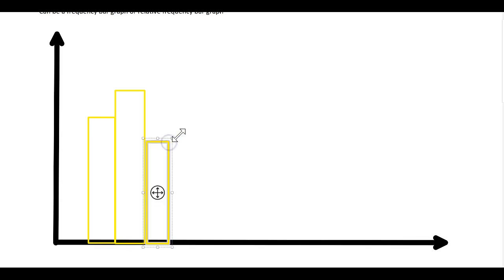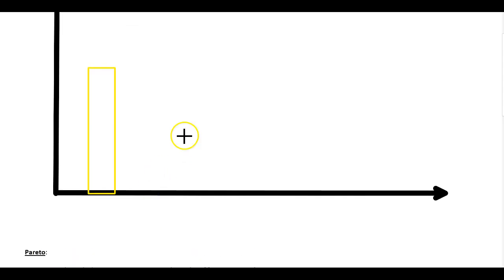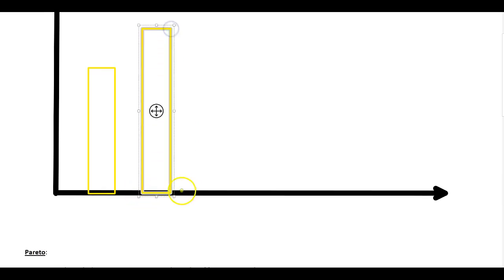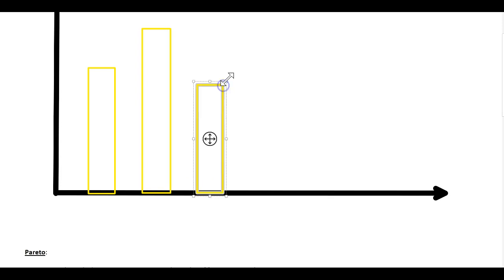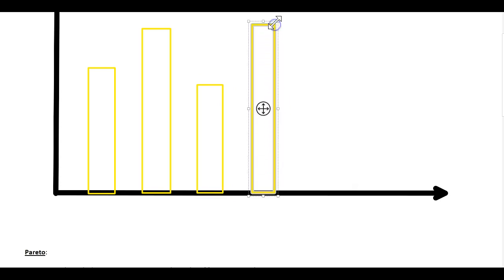I'm trying to make them about the same. They don't have to be evenly spaced like they are now. I can go and put a gap in between them, just as long as the gap is about consistent. And for categorical data, it doesn't matter. I tend to try to put gaps between them because I am looking at several separate categories.